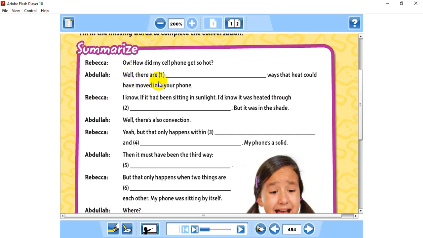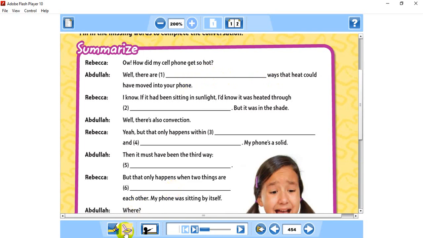So there are ways that heat moves. What we can write here, guys: how many ways do we have to heat a cold object? How many ways, guys? Three ways.